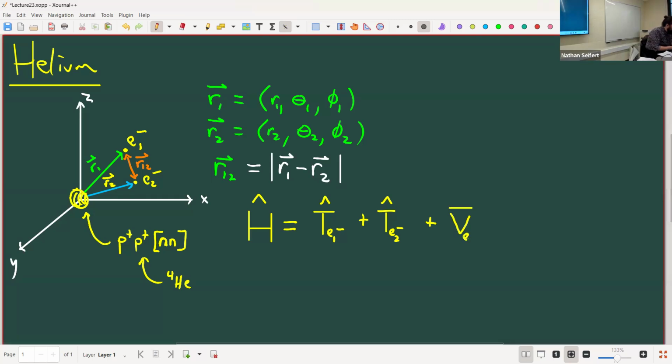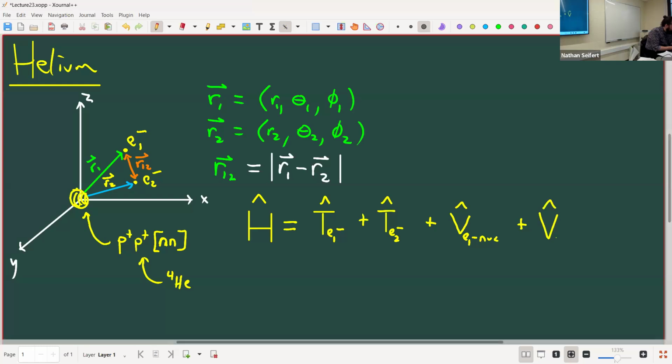That would be between E1 and the nucleus, a potential term, sorry, it's not a bar, but a caret, so an operator, plus the attraction between the nucleus and the second electron. And finally, we have a final potential, which is between the 2 electrons.